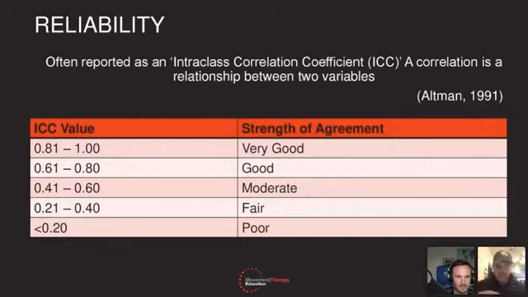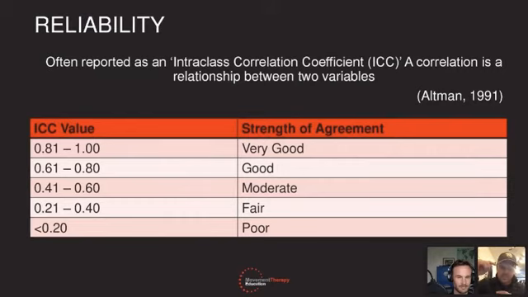So there are loads of fancy ways that they work these figures out, but for ease, we just say there is an ICC value, and there are other ways that you can measure it as well. But what we're looking at is ICC values, so intra-class correlation coefficient values, where 1 is they agree perfectly and 0 is they don't agree at all.